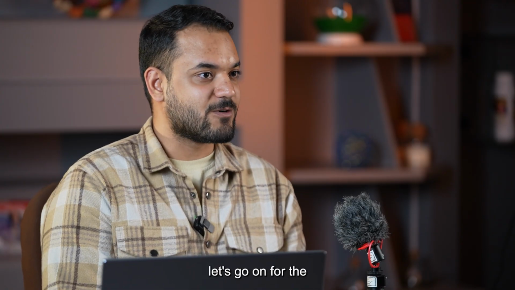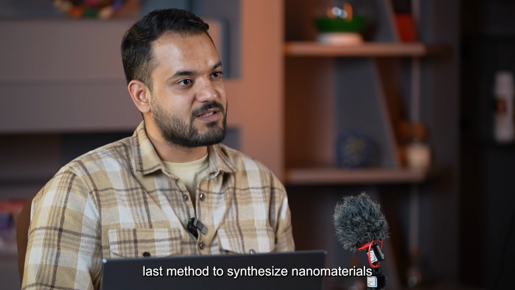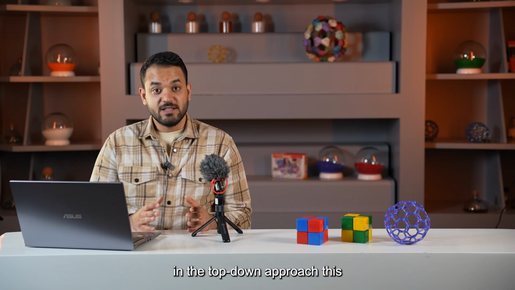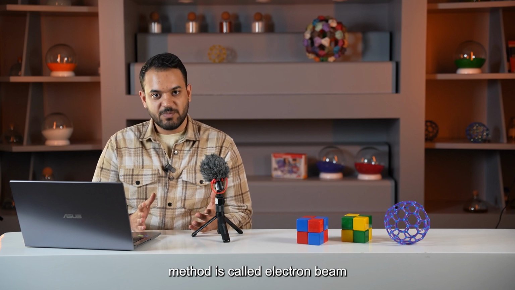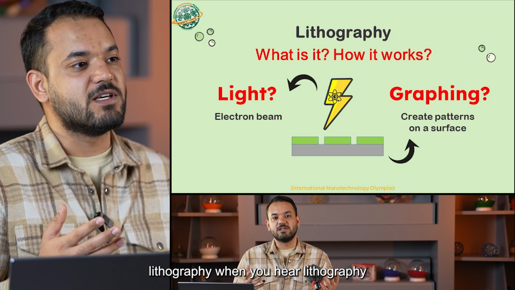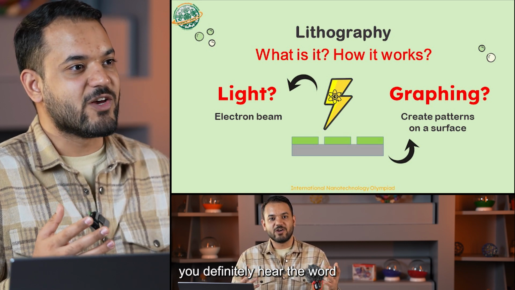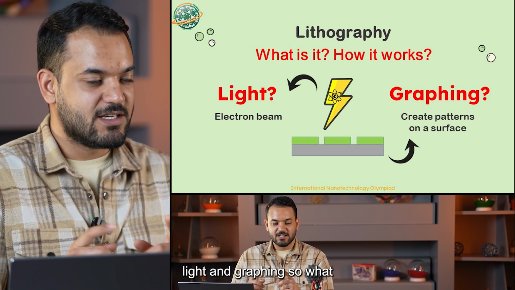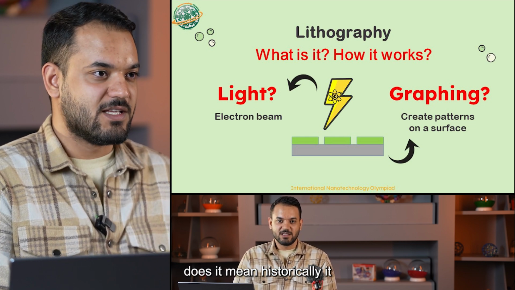Alright, so let's go on to the last method to synthesize nanomaterials in the top-down approach. This method is called electron beam lithography. When you hear lithography, you definitely hear the words light and graphing. So what does it mean?